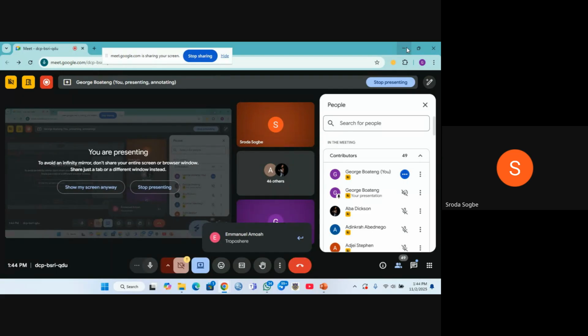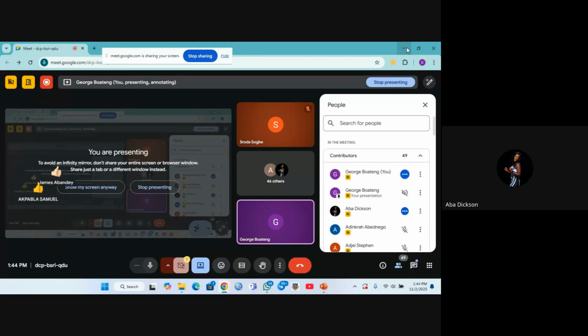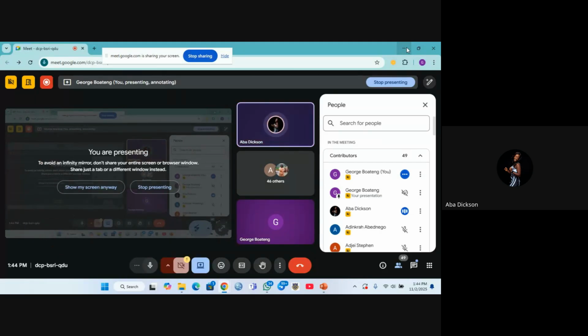That's the troposphere. Thank you. Lawrence, have you been answered? Okay, he has given us a thumbs up, so I think we are good to go. Let's continue.